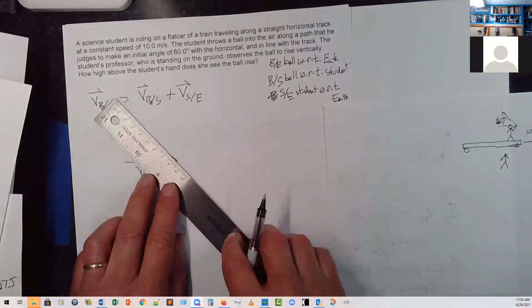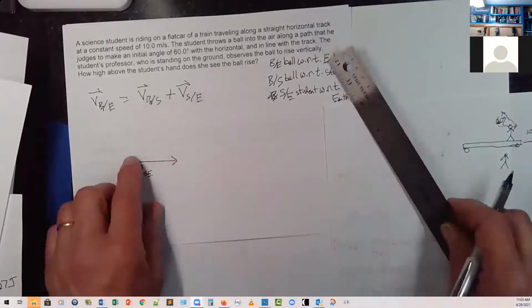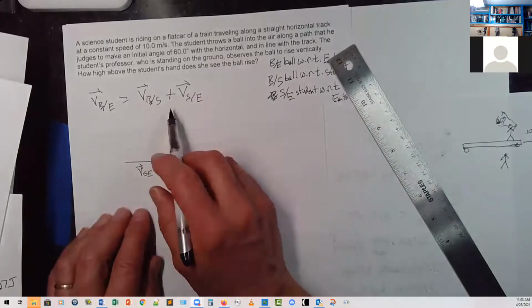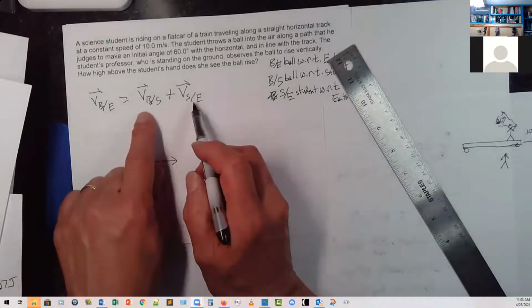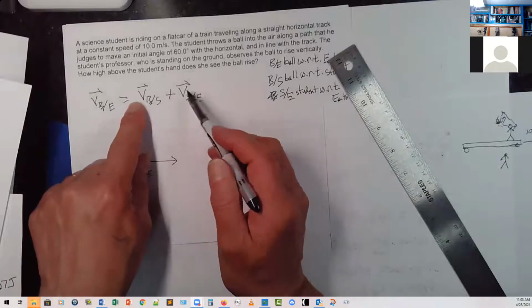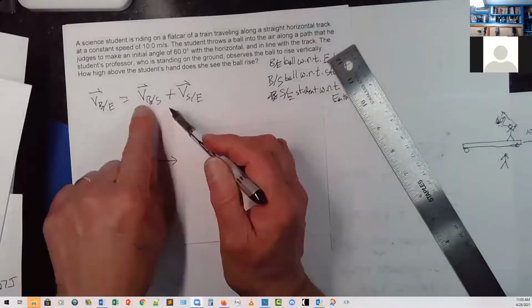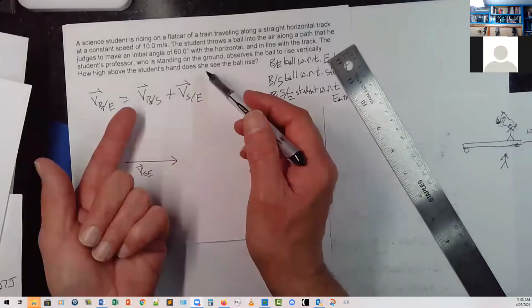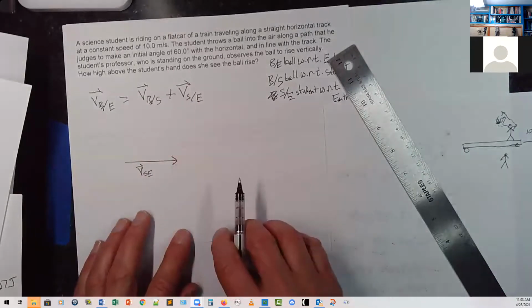And so I'm going to do a vector addition problem. Remember when you add two vectors to each other? By the way, vector addition is commutative. So I could imagine the VS/E first and the B/S first. You can add things in either order and you still get the same thing.